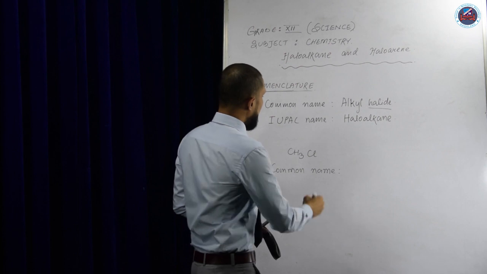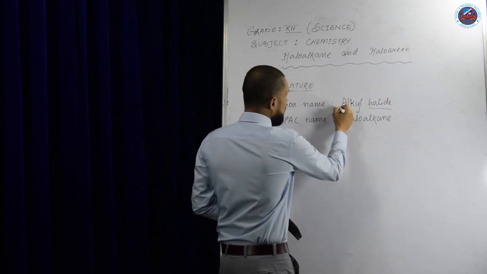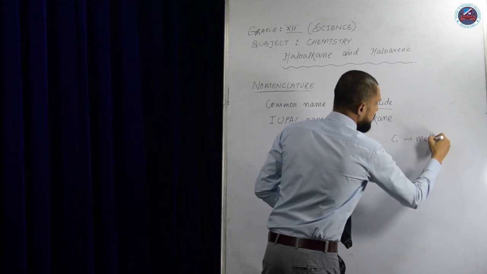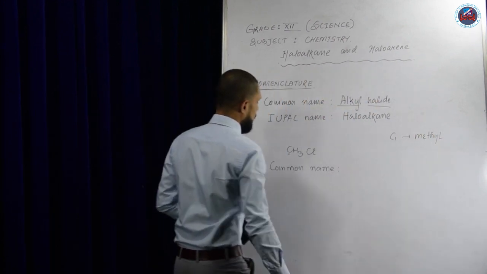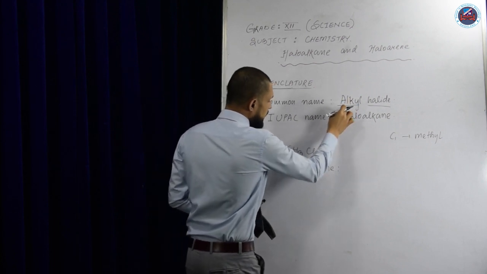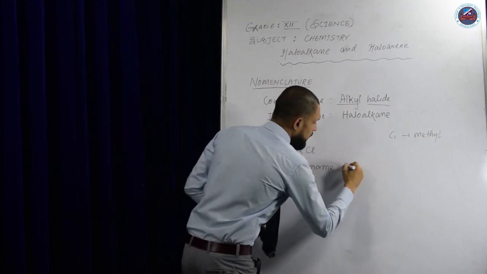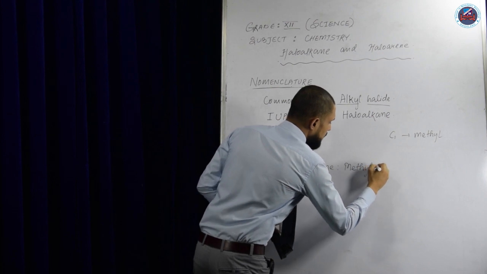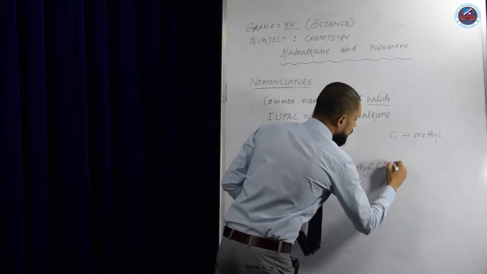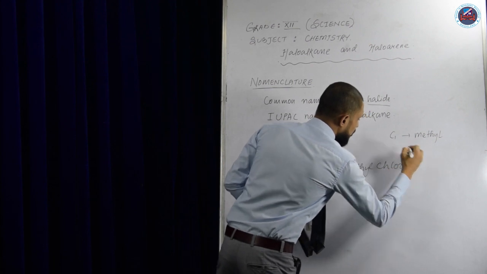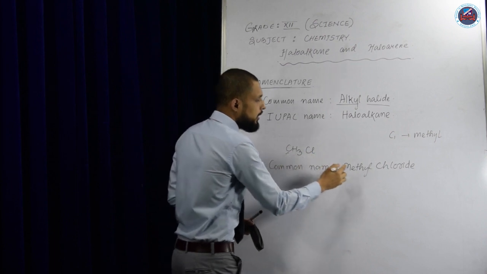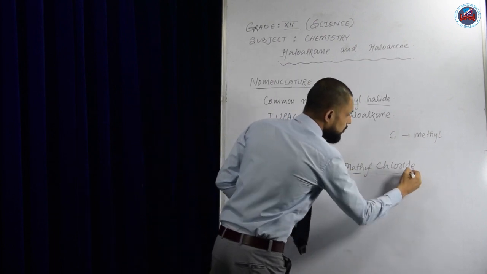If we have one carbon, the alkyl name is methyl, and the halide name for Cl is chloride. So the common name for the compound CH3Cl is methyl chloride.